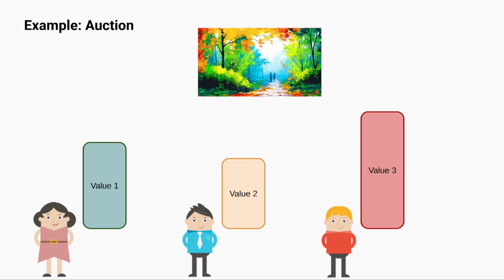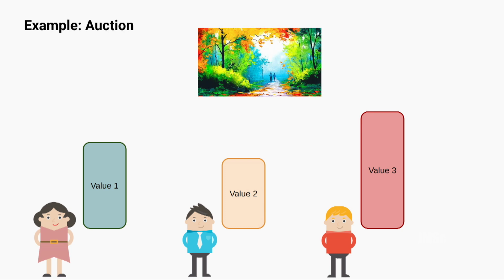Maybe in this case the third individual is an art lover, so he values that painting very highly. The second one, she likes it less than the third agent, but still medium, and he has very little value for this painting.